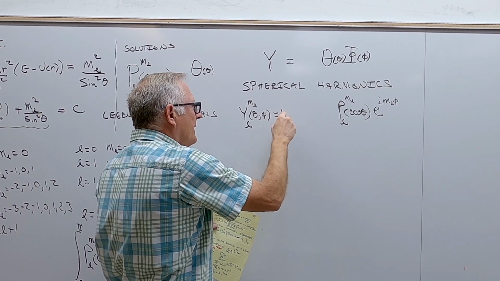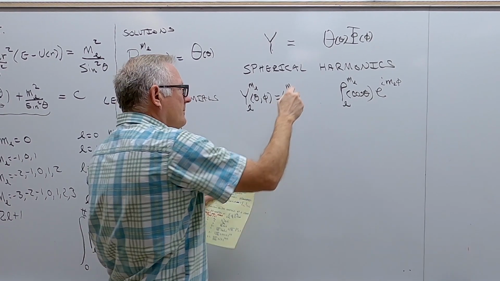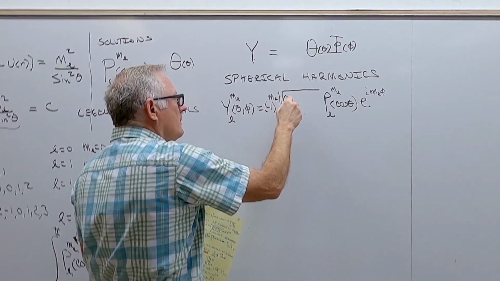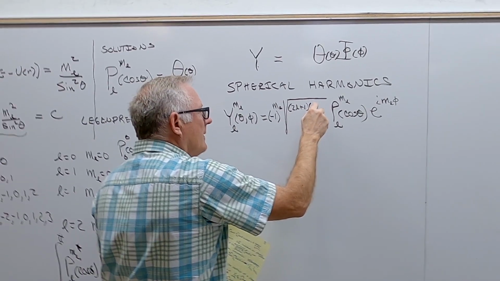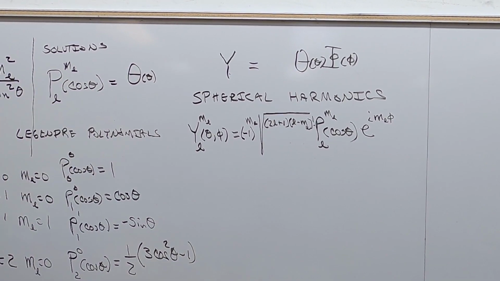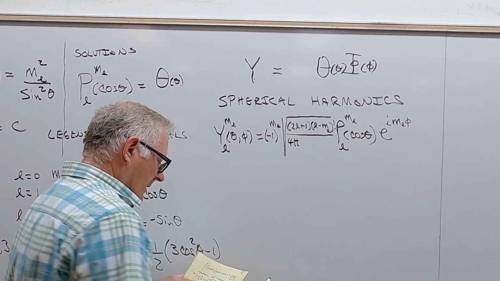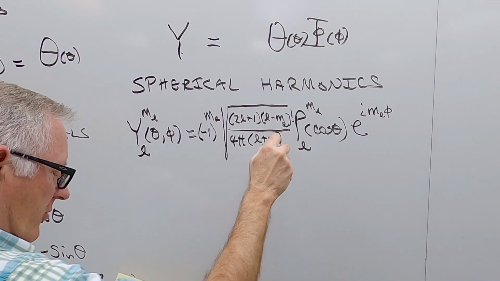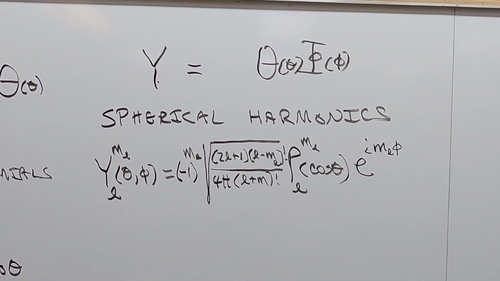It actually ends up being minus 1 to the m sub L times the square root of 2L plus 1 times L minus m sub L factorial, all over 4 pi times L plus m sub L factorial. That normalizes it. So this is all normalized.